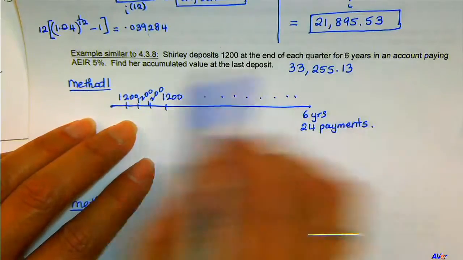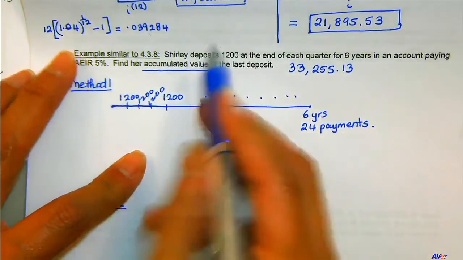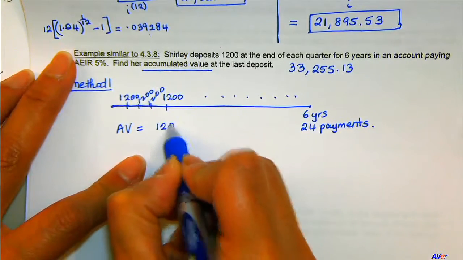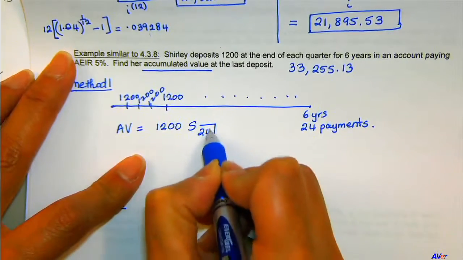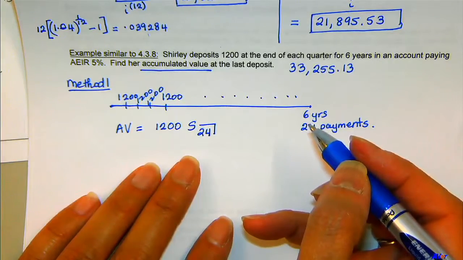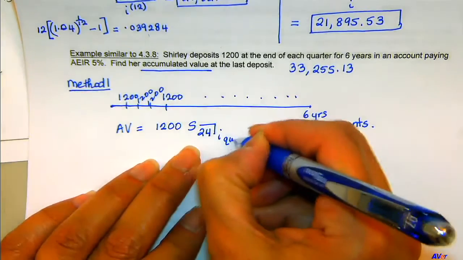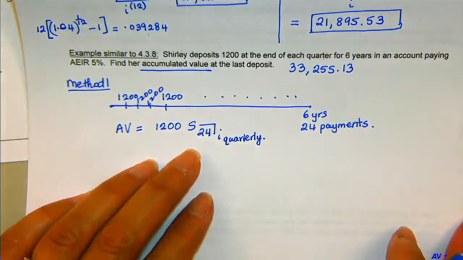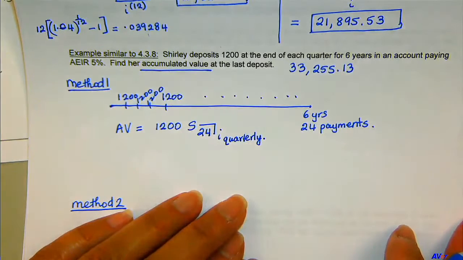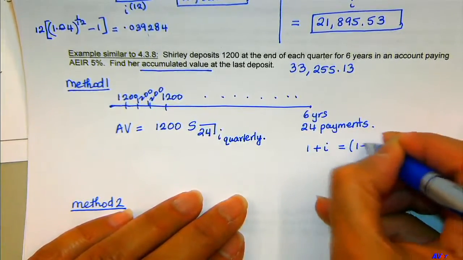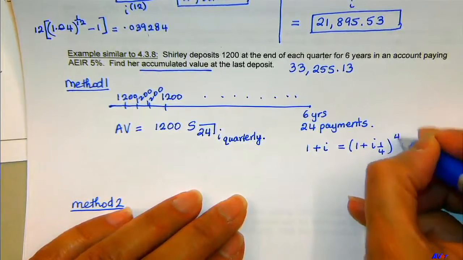So what do they want? Find the accumulated value. So accumulated value equals 1,200 S angle 24 I. I which? I quarterly. There are 24 payments, but the period is a quarter. The payments are happening quarterly, so the interest rate has to be quarterly. So I annual was 5%. 1 plus I equals 1 plus I 1 quarter to the 4th.